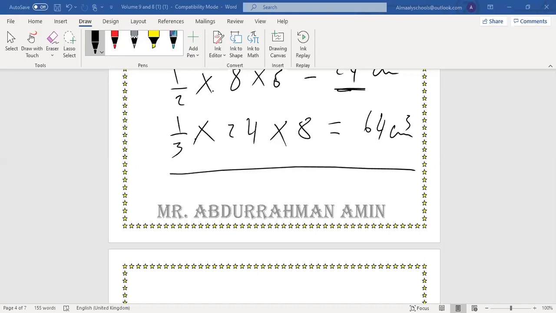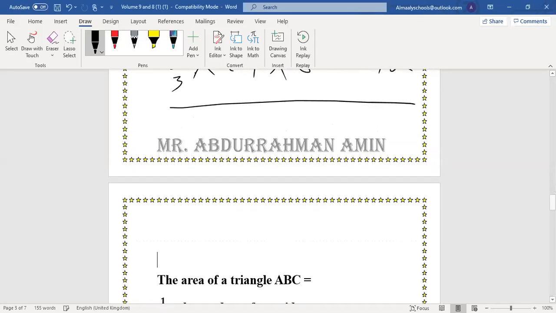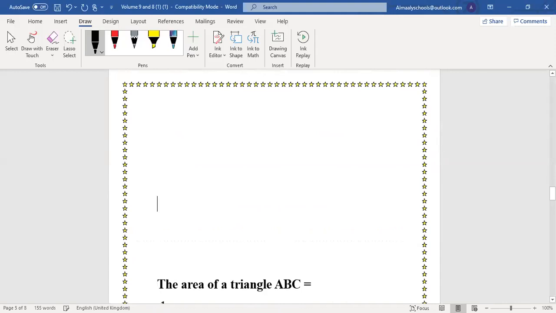Yes, Mister, you can solve now. The first question is, how to calculate the volume of the pyramid? 1/3 multiply area of base multiply height.